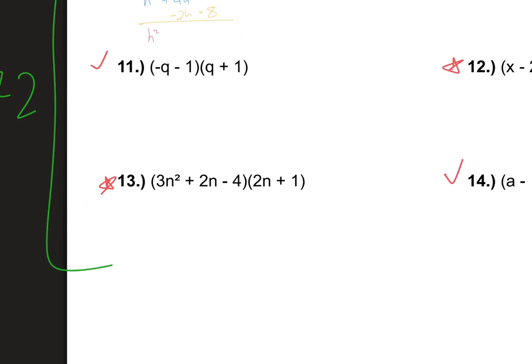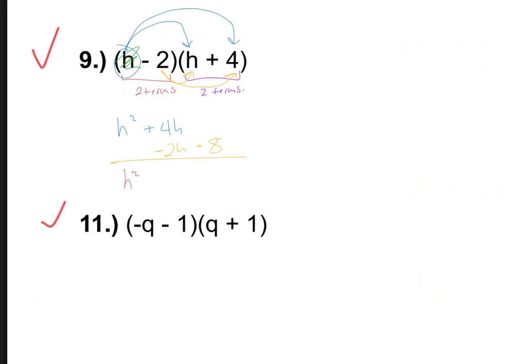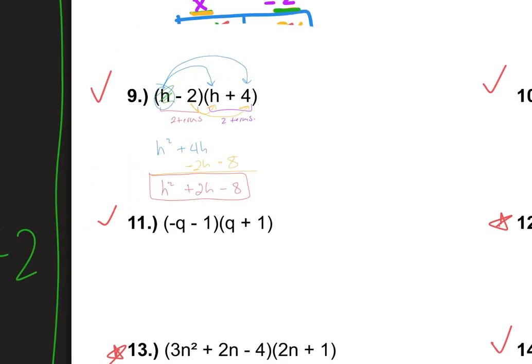If you're wondering why, first and outer worked, but now inner would be these two, and I've completely skipped this term. That's why FOIL doesn't work there. But I think it's a means of getting you to the distributive property concept. So there is the answer to that one.